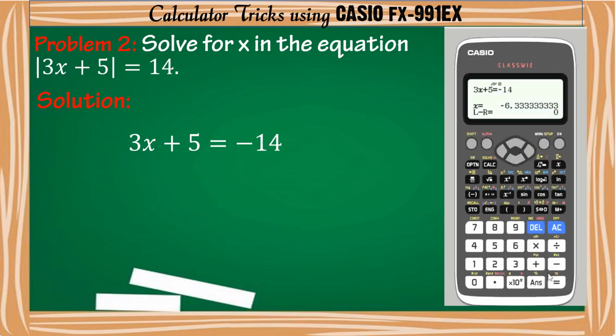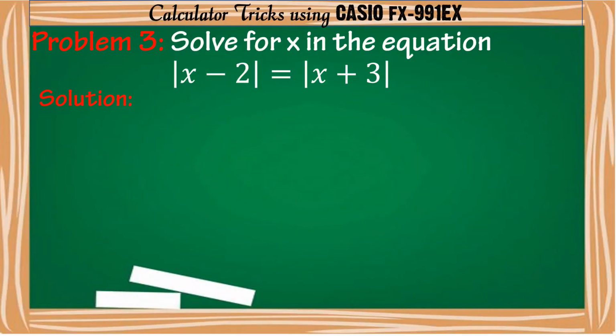To have it in improper fraction, we will press answer equals, and then for the mixed fraction, shift SD, and we will get negative 6 and 1/3, or negative 19 over 3, which is the same as our answer earlier. So, ayan po. Pwede na nating kunin ang positive value at negative value using calculator.